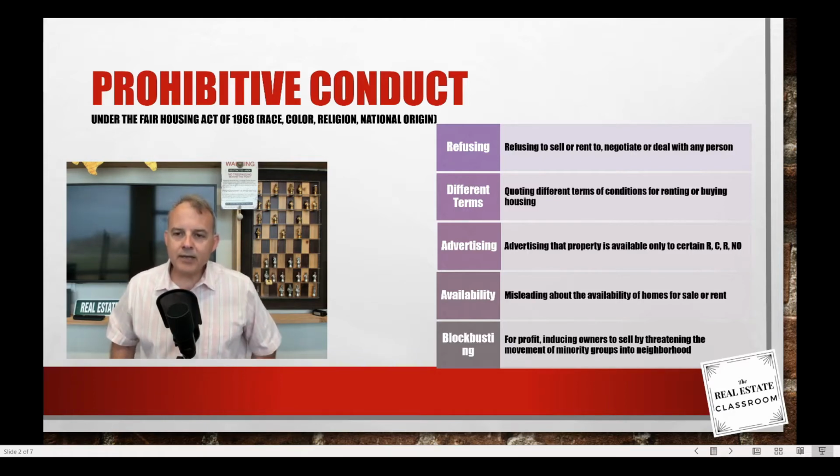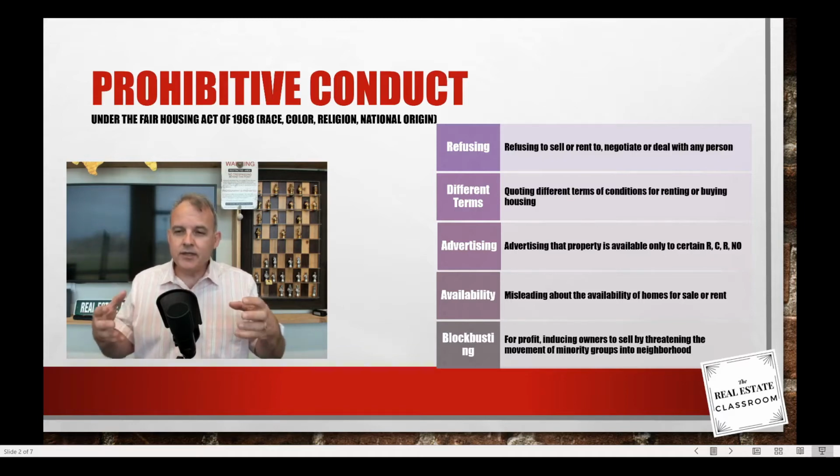Misleading about the availability of homes for sale or rent. Okay. Is the house for sale? And the owner just infers based on the conversation and the tone and the inflection of your voice that you're Caucasian. And then a Latino calls later and has an accent and the owner treats them differently.